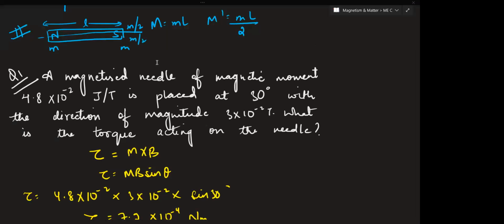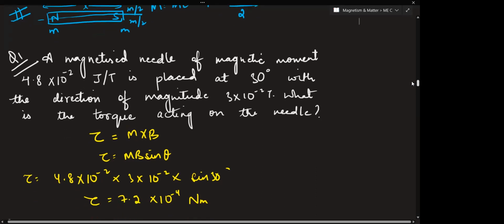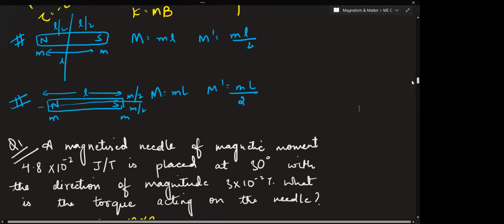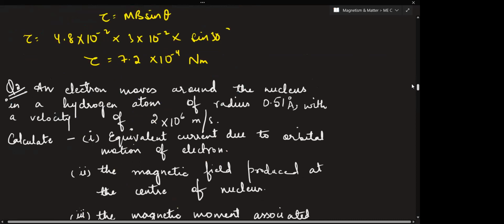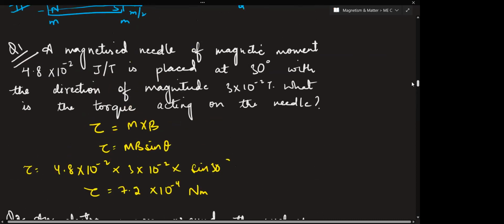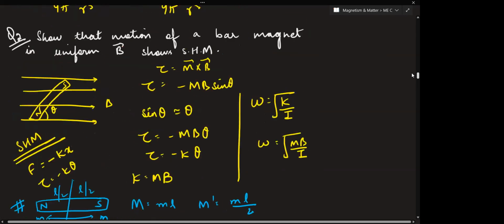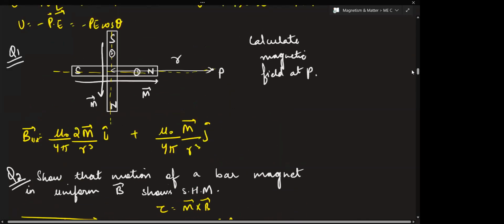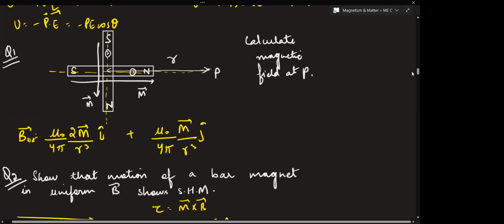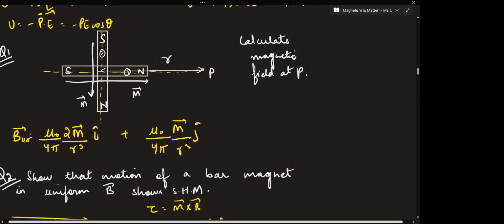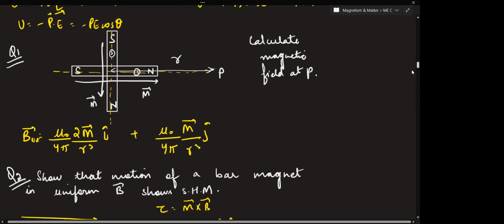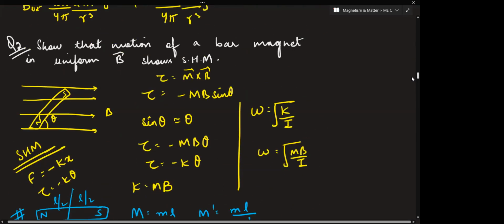Yes, Fatima. Which portions? Did you take the screenshots from the video lectures, or have you noted everything? I noted them. I wrote till classification of magnetic materials. There was a question we did last, the motion of a bar magnet. Yes, I did that question. Till here you have written, no?